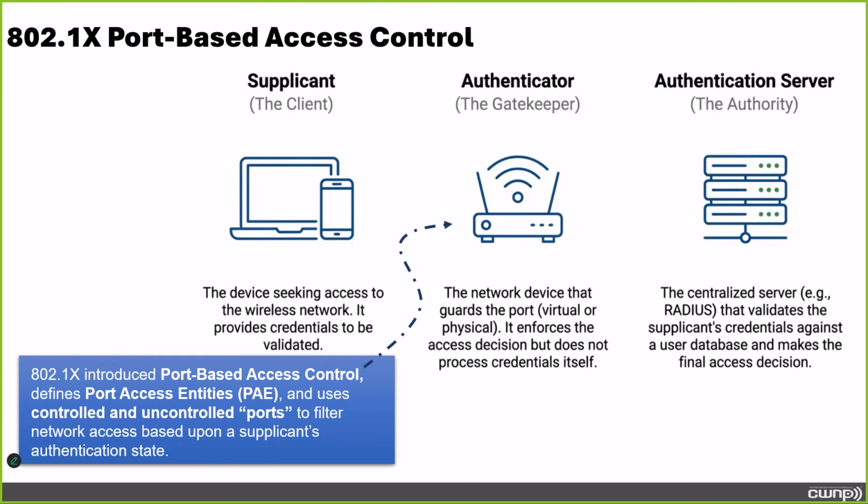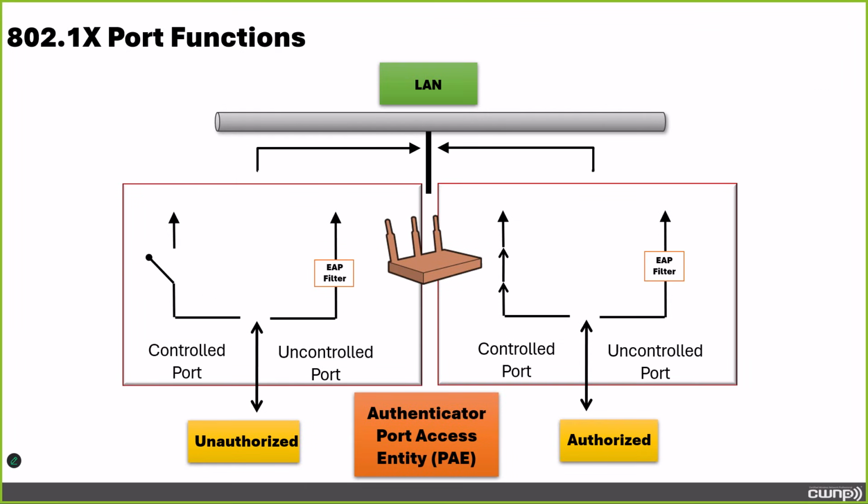So within the authenticator, we implement these things, these virtual entities known as port access entities, or PAEs. And these give us port-based access control. What? Well, the way this works is we have within our AP, within a switch, on a wired network, and so forth, these port access entities.